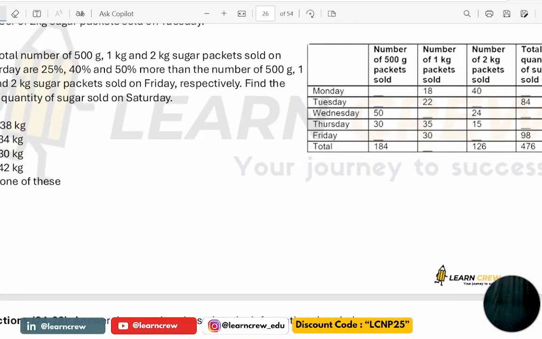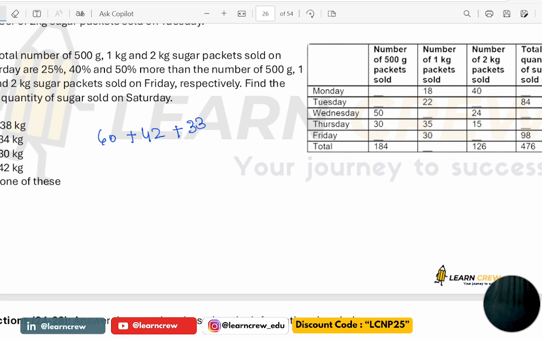Next, 23rd question. The number of 500 gram, 1 kg and 2 kg sugar packets sold on Saturday are 25%, 40% and 50% more than the number of 500 gram, 1 kg and 2 kg packets on Friday. Find the total quantity of sugar sold on Saturday. Please see here, 125% of 48 is 60. 140% of 30 is 42. 150% of 22 is 33.